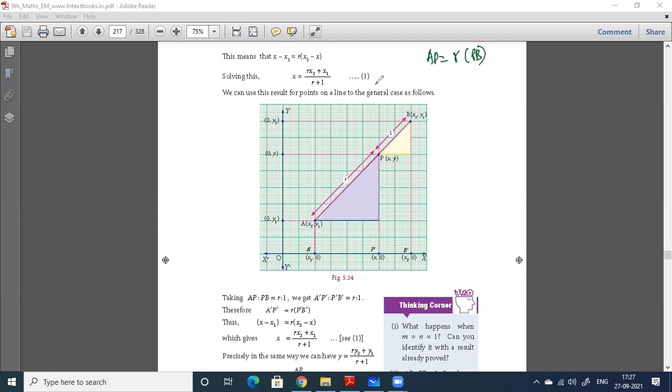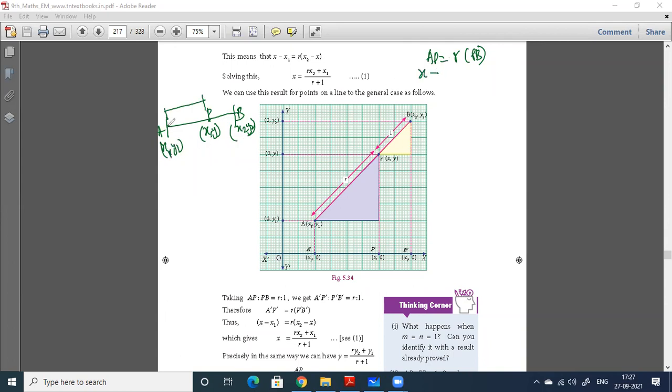Now that line AP, what was that value? A, B, and P were here. P is (x, y). A is (x1, y1). B is (x2, y2). Once you get there, AP is equal to r into PB. AP is this distance, so x minus x1.